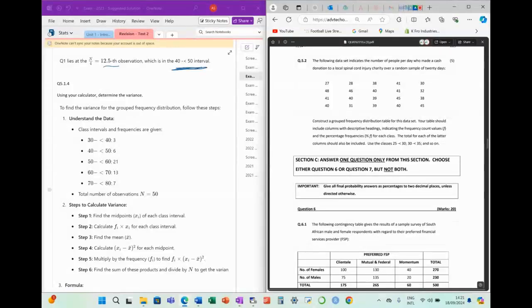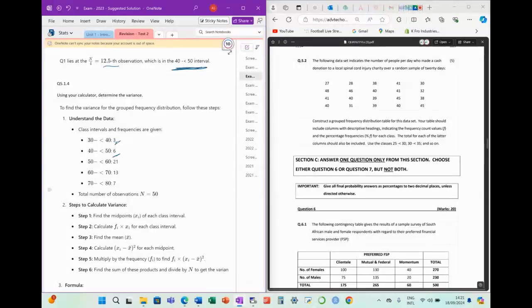The table should include columns with descriptive headings indicating the frequency count values. So here you can already see, once you've gotten your classes, they've already started to give you your frequency values. And then the percentage frequencies for each class.